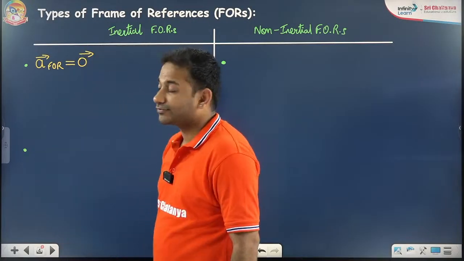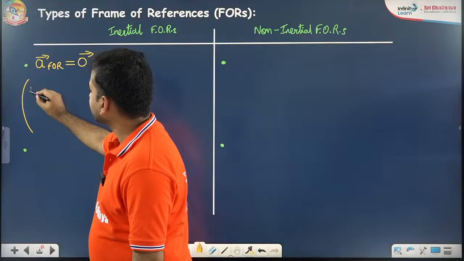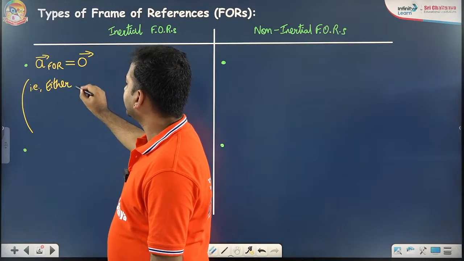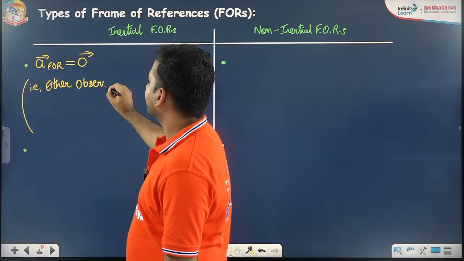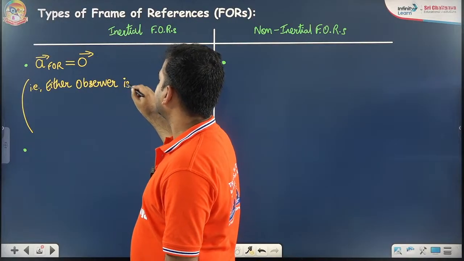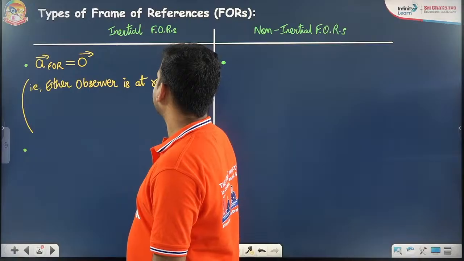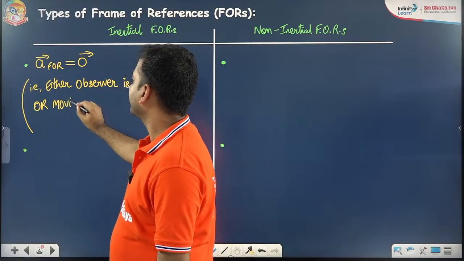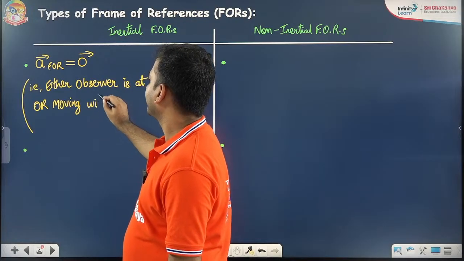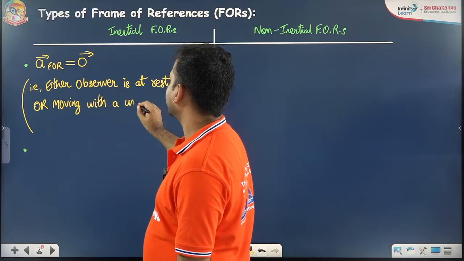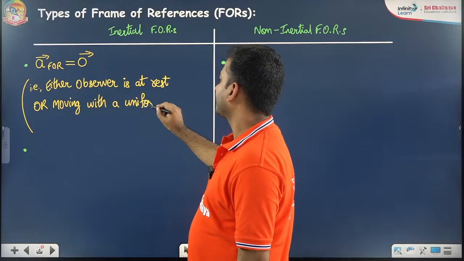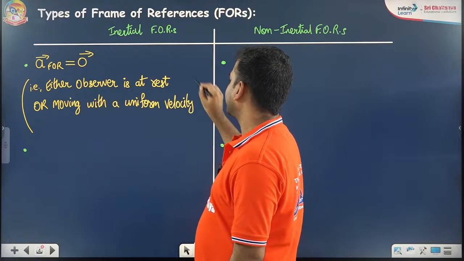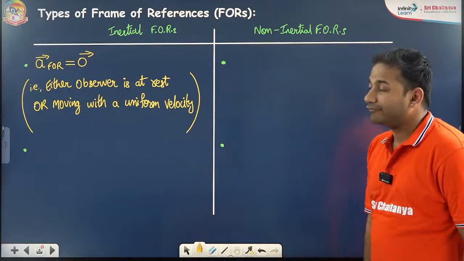That is, either the observer is at rest or moving with a uniform velocity.